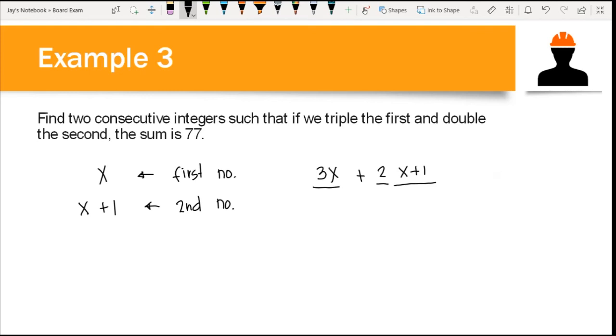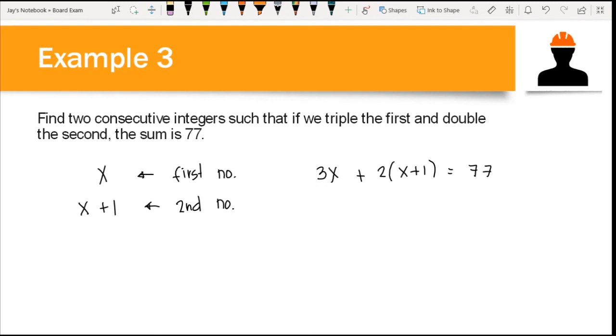But if you put parentheses, that means you multiply the entire x plus 1 terms by 2. So make sure that you are very careful and specific with your expression or with your equation. Okay? Their sum should equal 77.